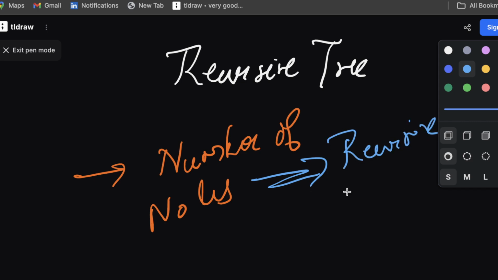Basically we need to count how many recursive calls we are making. The moment we have that, recursion is solved. Okay, let's try some questions. Let's try some quiz and see how we do.